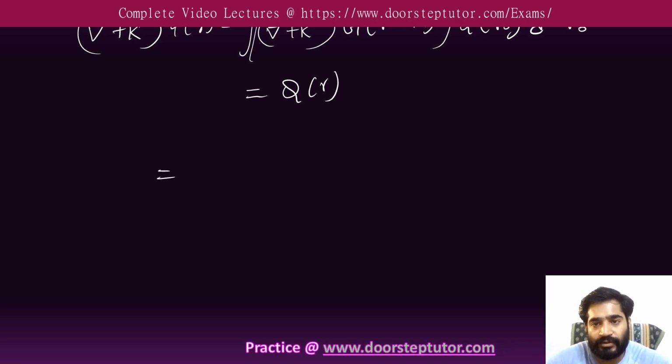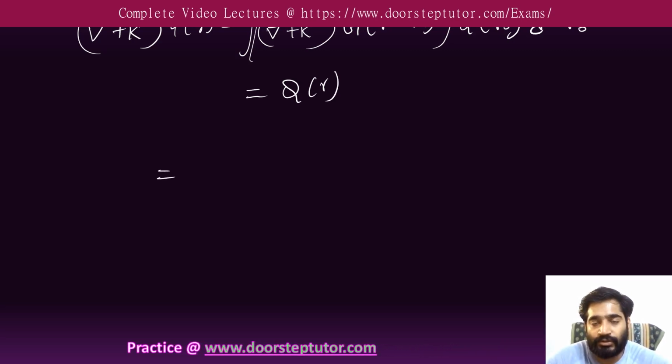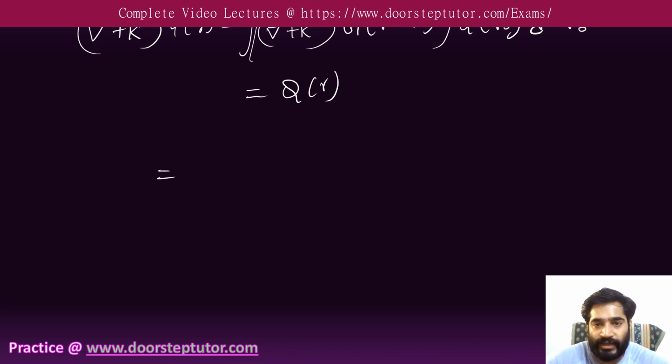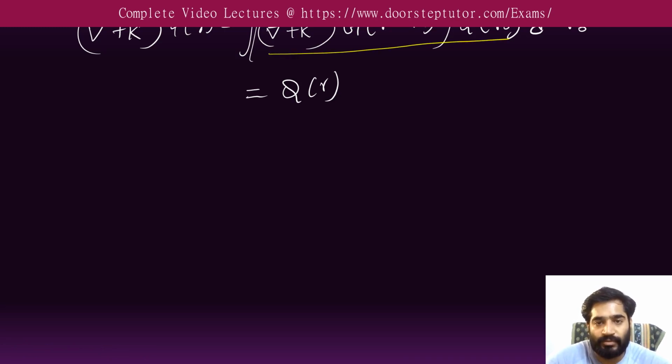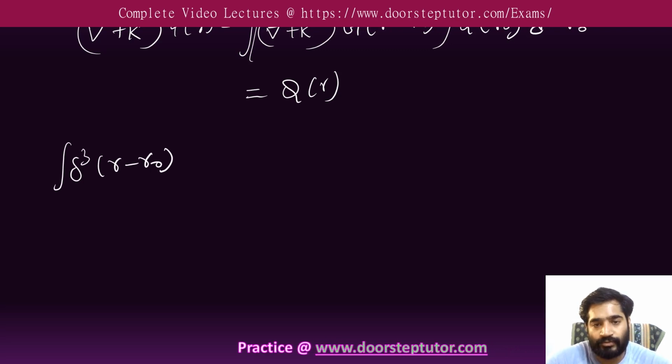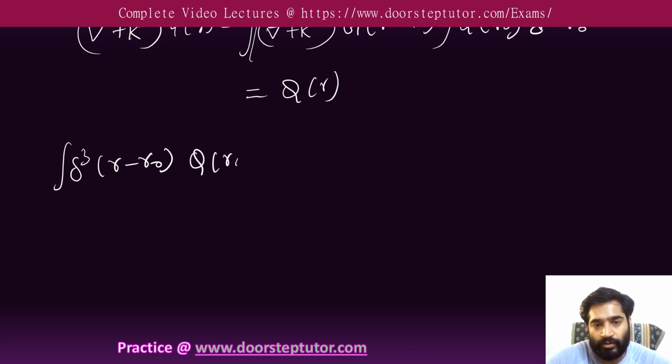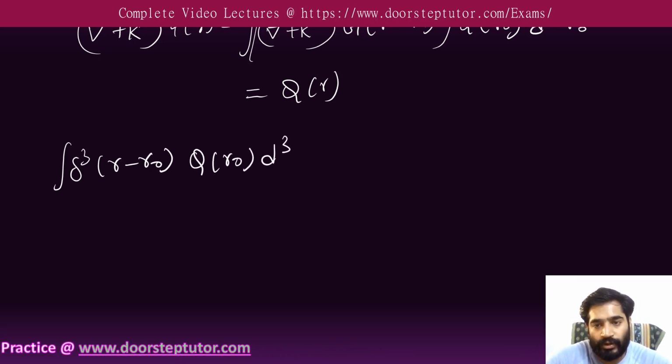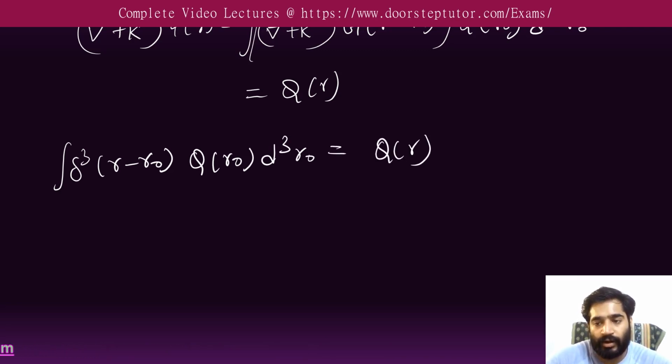So from here, using the Dirac delta function, we can say that this equation must be equal to the integral of delta of r minus r naught, Q of r naught, d3 r naught, which equals Q of r.